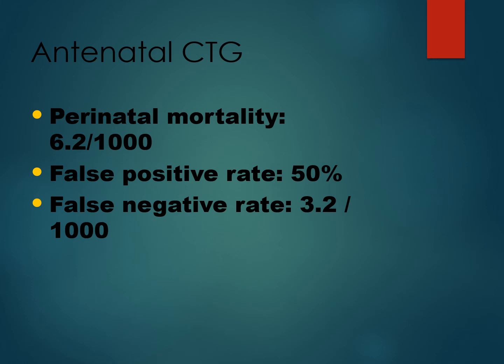It means that in the background of a reactive CTG, the likelihood of having intrauterine hypoxia, or a fetus at risk of intrauterine hypoxia, is only 3.2 in 1,000. But if the CTG presents some changes suggestive of hypoxia, we have only a 50% chance for the baby to be in true hypoxia.